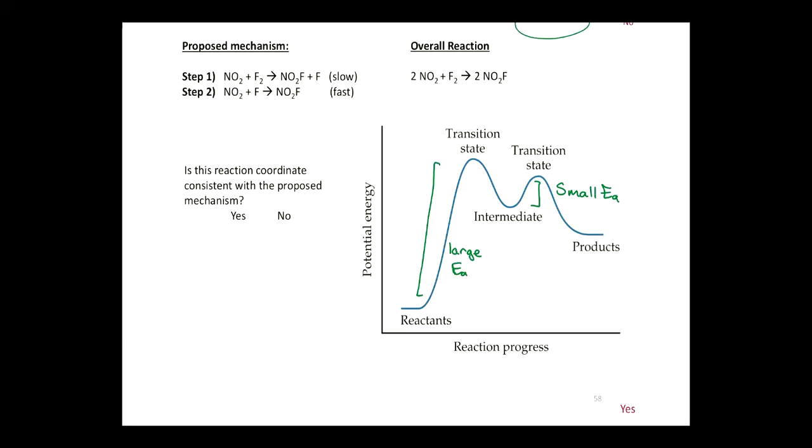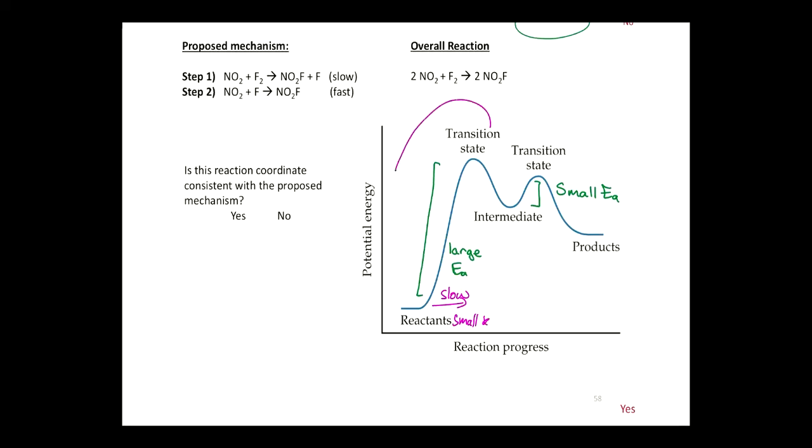So if that first step is the slow step, it has to have a small rate constant. Rate constant is inversely related to activation energy. Larger hills, slower reactions. So we do in fact see, yes, this first step is going to be slow. It's going to have a small k because the activation energy is so big.